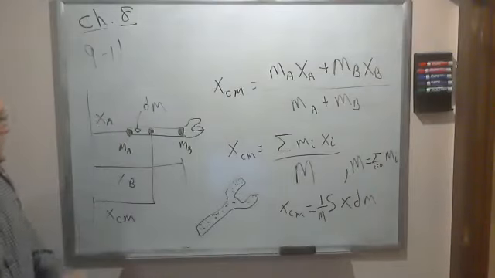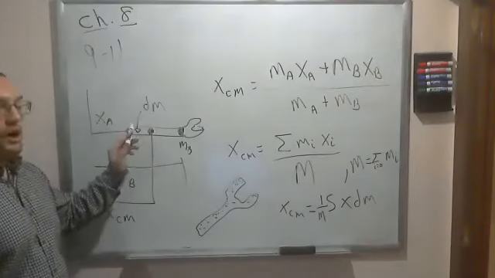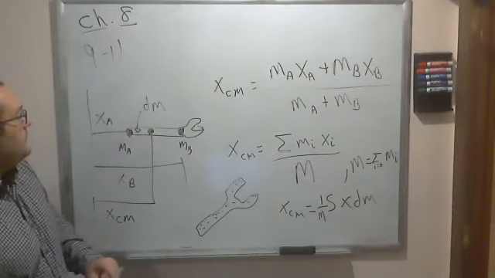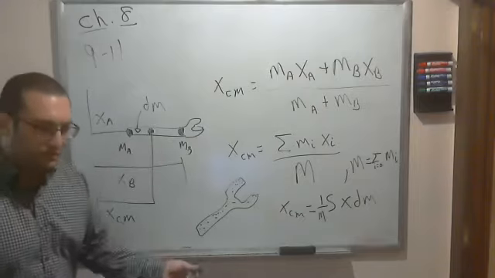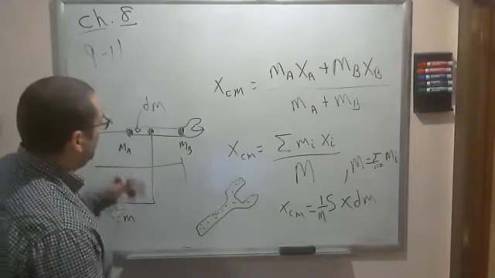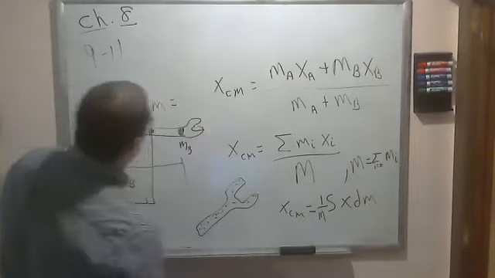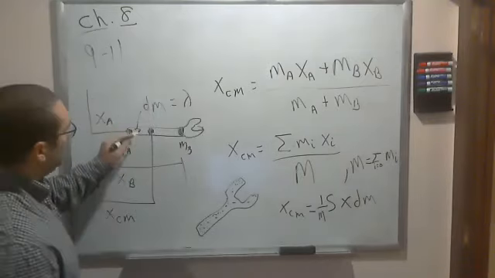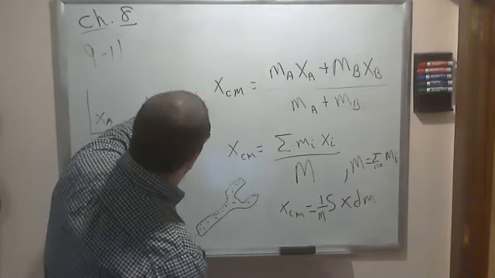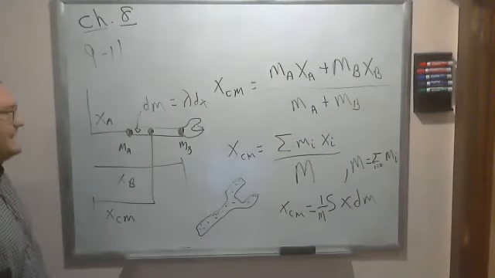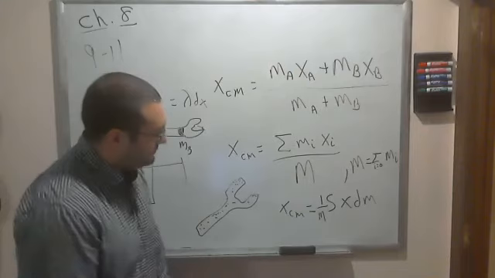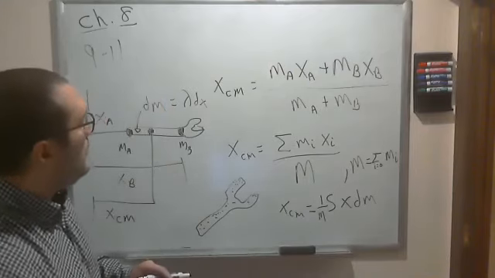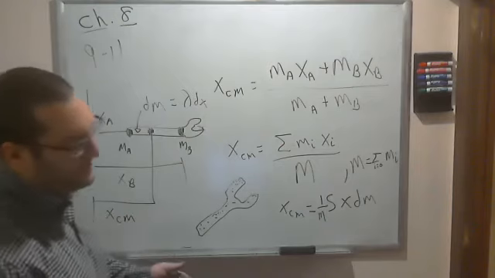So it's the mass of that little infinitesimally small segment, and dm is usually equal to the density, in this case, since it's in one dimension, the line density times dx. Right? Now let's go to 3 dimensions.